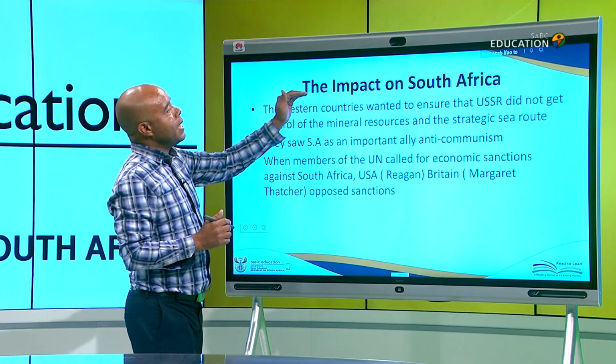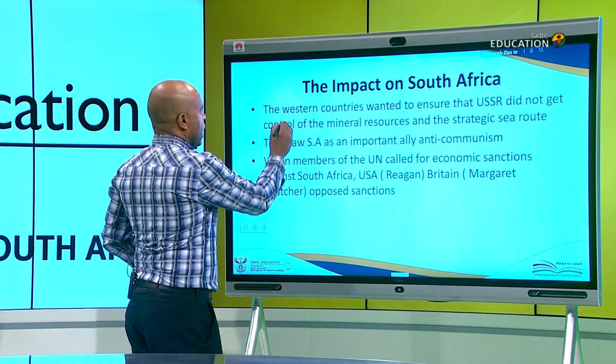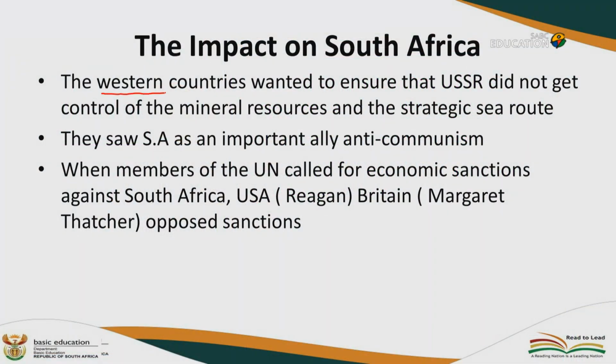When we look at the impact on South Africa, after the Rubicon speech, the Western countries wanted to ensure that the USSR did not get control of the mineral resources and the strategic sea route. Why the strategic sea route? It brings us back to when Jan van Riebeeck came to Africa. Cape Point was a strategic sea route to the east.